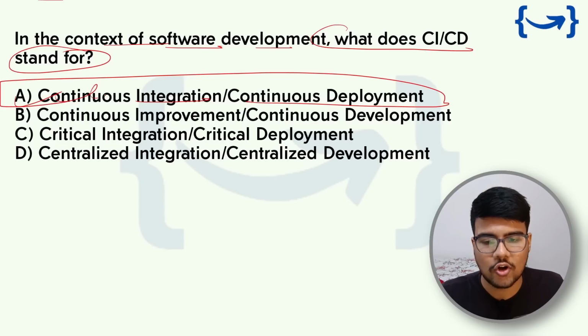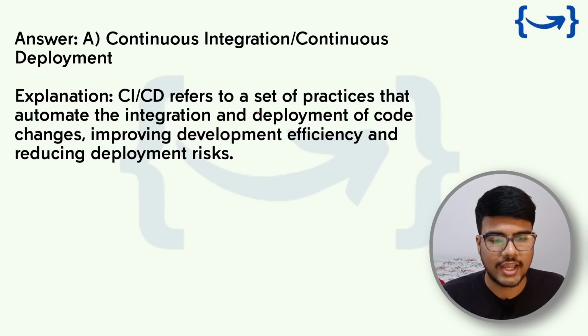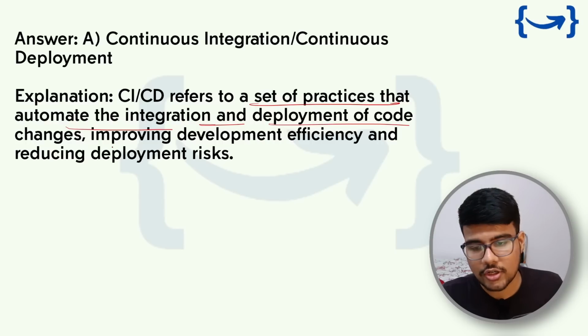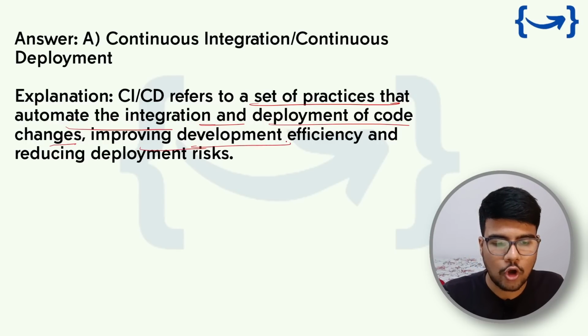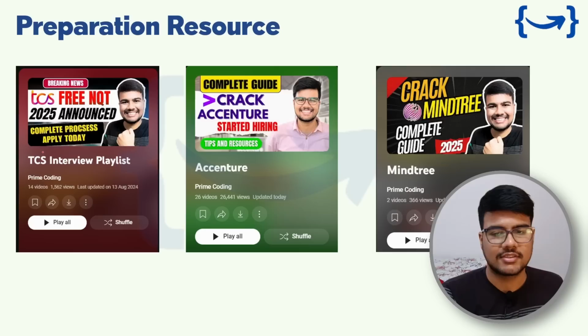So this is the correct option of this problem, because improvement doesn't make sense, critical doesn't make sense, and centralized doesn't make sense. So yeah, A is the right option in this question. CI/CD refers to the practice that automates the integration and deployment of code changes, improving deployment efficiency and reducing deployment risk.